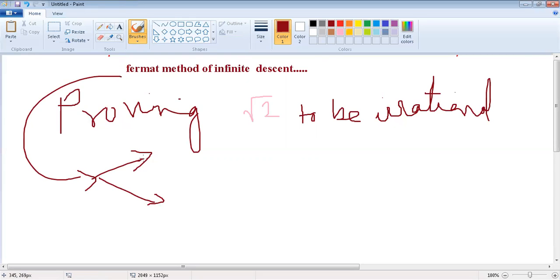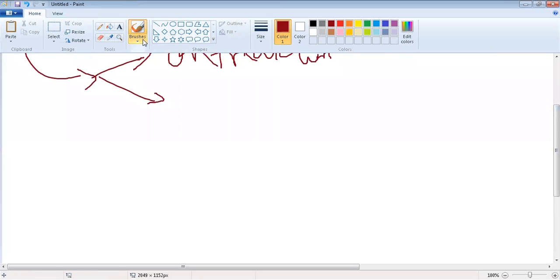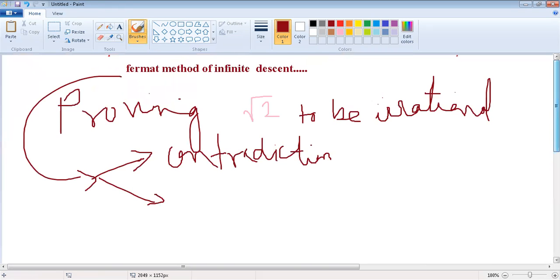The main idea behind it is contradiction. We prove by contradiction that our assumption was wrong, and then we follow to the result opposite of what we assumed. So how do we move about this question?